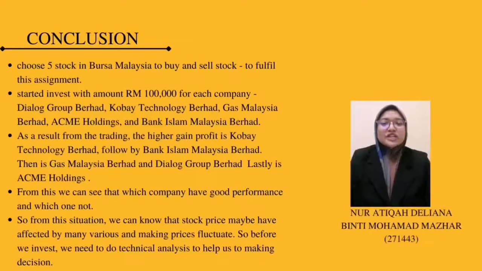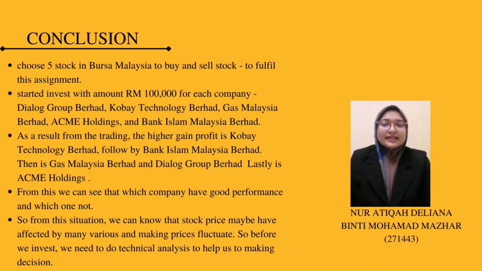In conclusion, we chose 5 stocks in Bursa Malaysia to buy and sell. To fulfill this assignment, we are instructed to invest 100,000 ringgit in each company. The companies are Dialog Group Berhad, Kobe Technology Berhad, Gas Malaysia Berhad, SCME Holdings, and Bank Islam Malaysia Berhad.